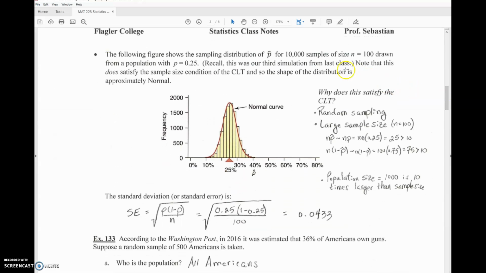Okay, so when we got to looking at samples of size 100, I still had a population of size 1,000. I had 250 walkers in it, so a yes would have been getting a walker, a no would have been getting a runner.